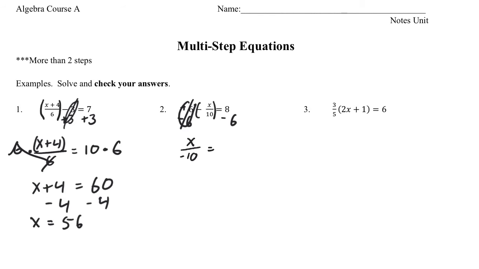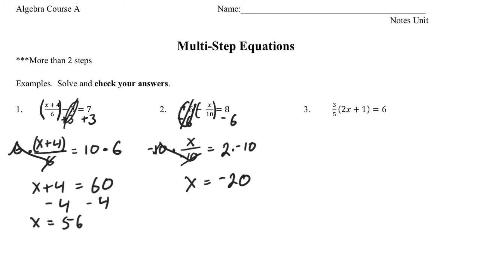And then over on the right, 8 minus 6 is 2. So now we have x divided by negative 10. Inverse of division is multiplication, so we multiply both sides by negative 10. Negative 10 divided by negative 10 is just 1, so we're left with just x. 2 times negative 10 is a negative 20.